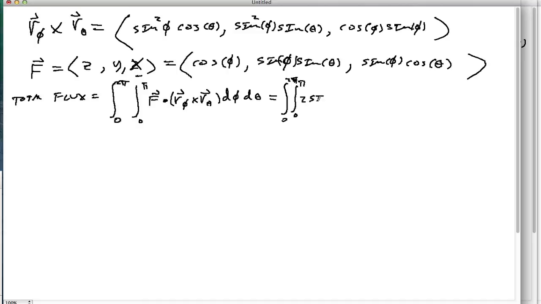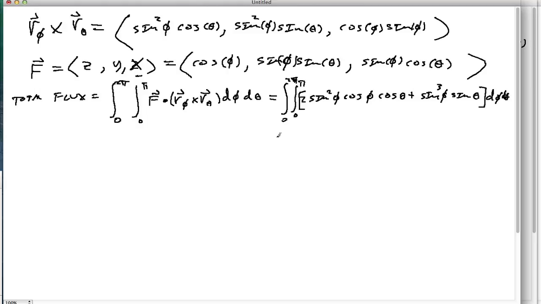So it's going to be 2 sine squared phi cosine phi times cosine theta, all right, plus sine cubed phi times sine theta, all in a big parentheses, d phi d theta.